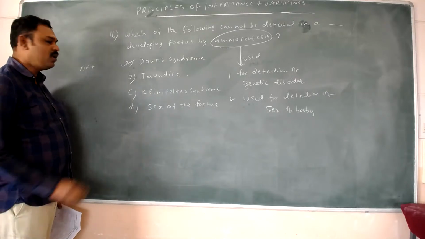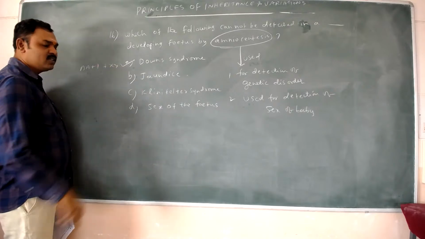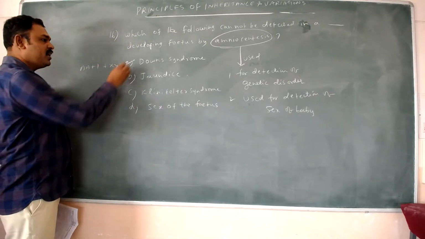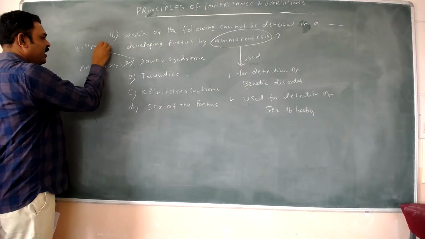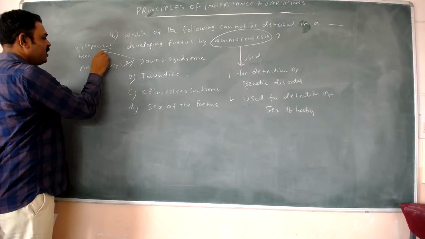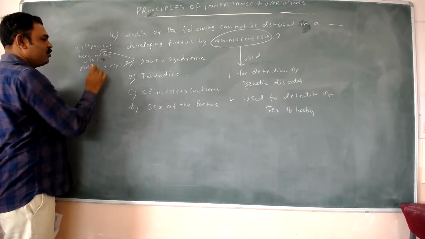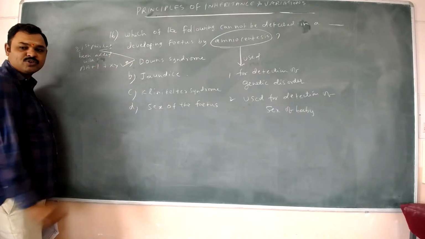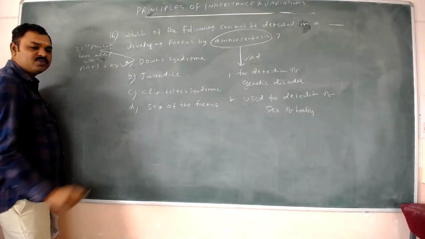Autosomes are added with one extra chromosome, plus XY is there. The 21st pair has been added with one extra chromosome. So the addition of one extra chromosome to the 21st chromosome is called Down syndrome.